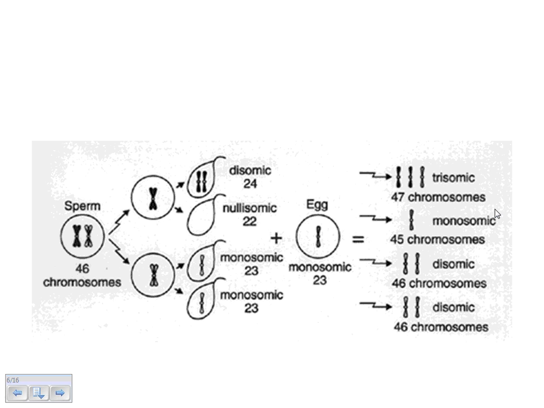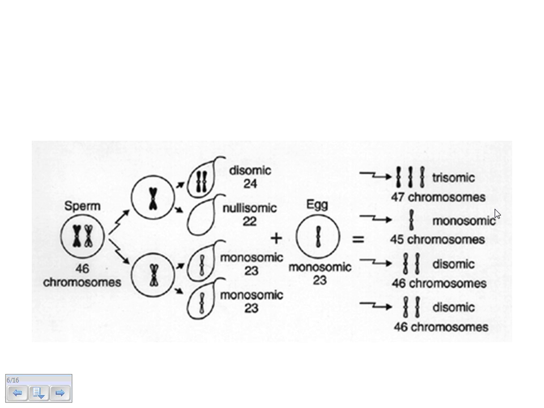Now, the problem can also happen in meiosis 2. Notice up here, meiosis 1 did what it was supposed to do, right? Meiosis 1 is about separating what? What does meiosis 1 separate? Homologous chromosomes. These separated just like they're supposed to, right? Perfect. Meiosis 2 is supposed to separate what?